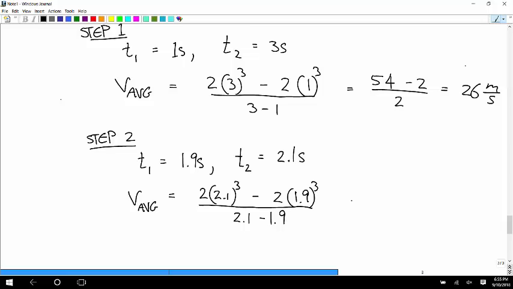And that is about, so you get 18.522 minus 13.718 divided by 2.1 minus 1.9, and you get something like 24.02 meters per second.